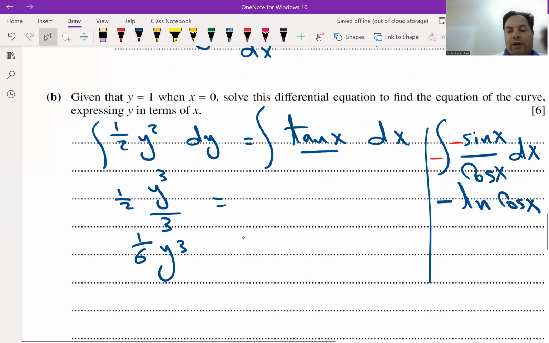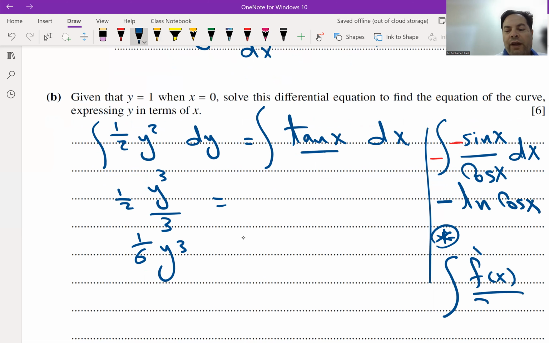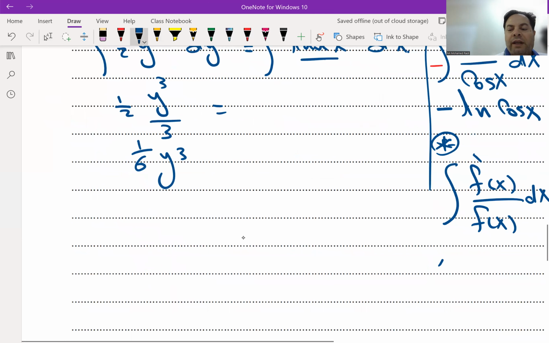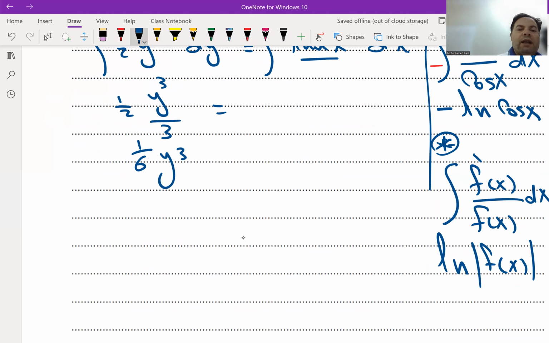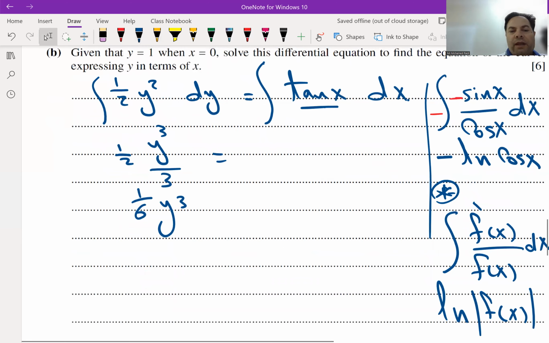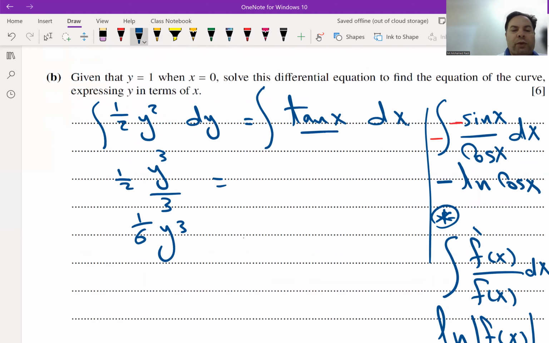I will write the general form for this integration: if we integrate f dash x over f of x dx, the answer is directly ln of the function in the denominator, and you have to write a modulus sign, because maybe it's negative and you have to change it to positive.